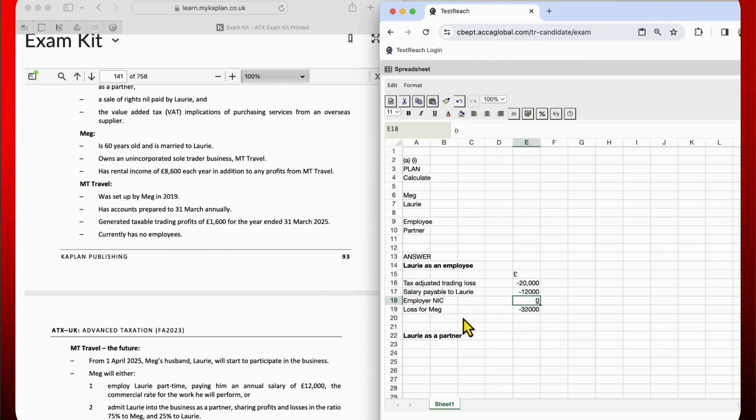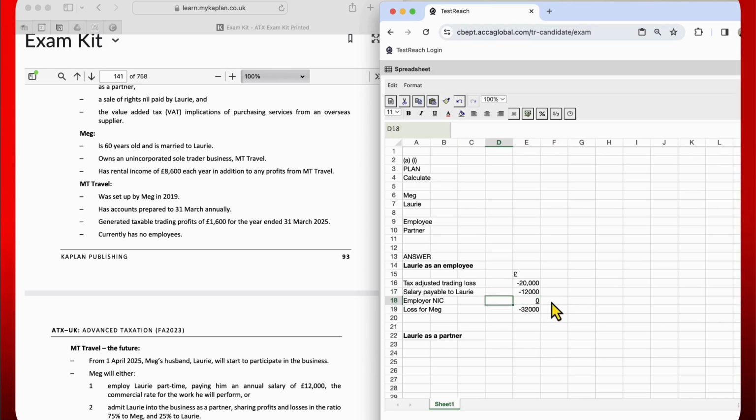Laurie's going to therefore allow the business to get a £5,000 employer allowance against NIC, and also think about the employer's NIC threshold. 9,100 is taxable at 0%, so that covers the whole of the salary amount of 12,000. So there isn't going to be any employer's NIC. But if you don't write that in, you'll miss out on half a mark.